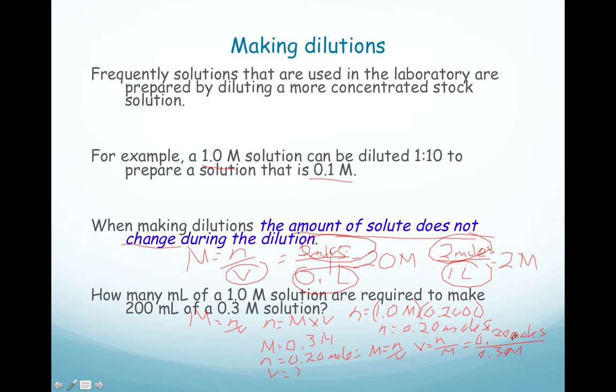And if I take 0.2 divided by 0.3, I'm going to get an answer that is 0.666 repeating.